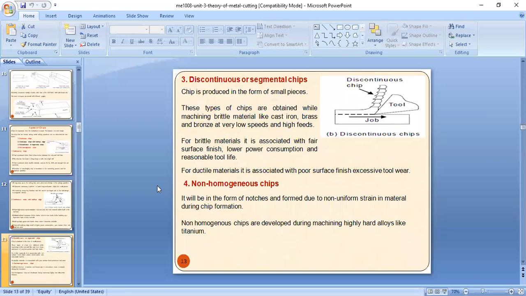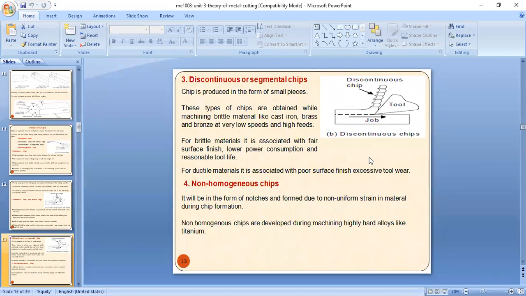So these discontinuous chips are formed whenever we are dealing with brittle materials like cast iron, brass and bronze, at very low speeds and high speeds. Here, when we go for metal cutting of brittle materials, it gives a fair, moderate surface finish.